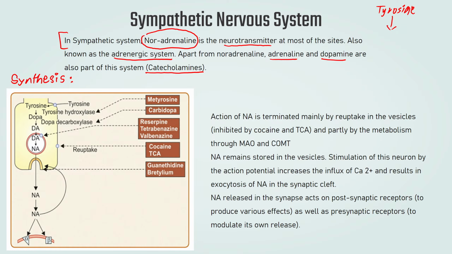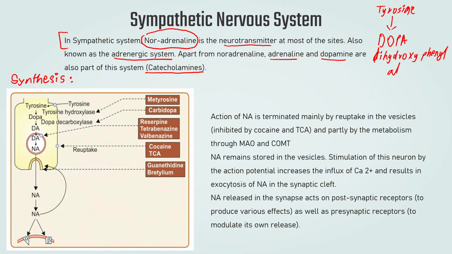Here after transport, tyrosine will be converted to DOPA, dihydroxyphenylalanine.